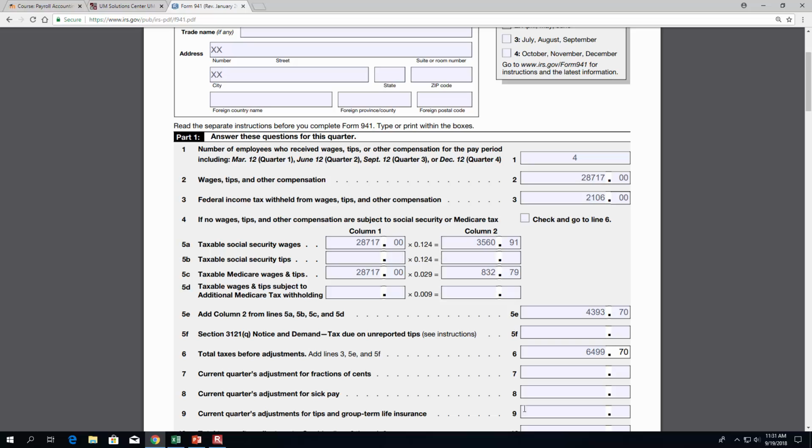Okay, so let's stop here and just ask some questions. What would you tell me are the total taxes for the entire quarter for federal purposes? $6,499.70.